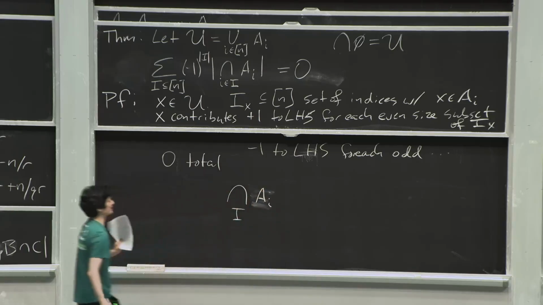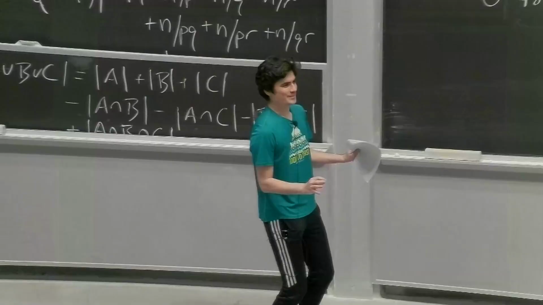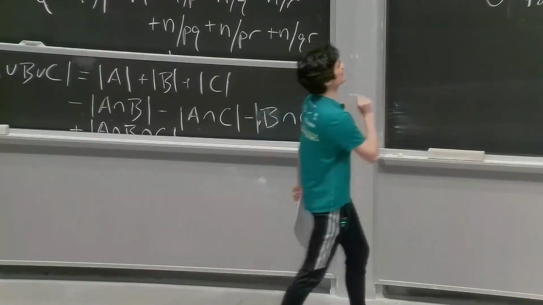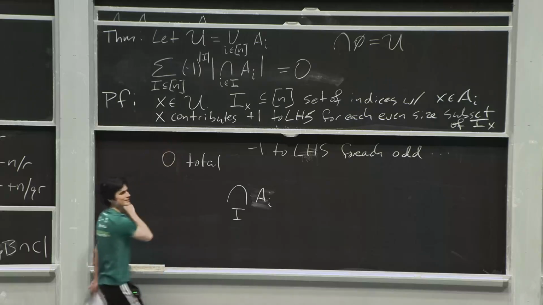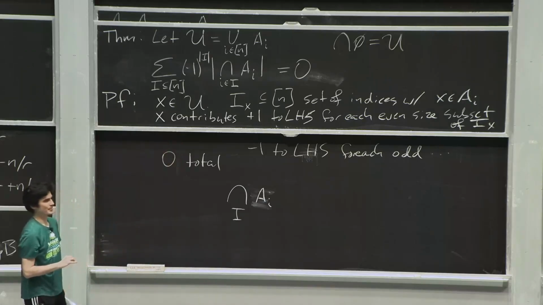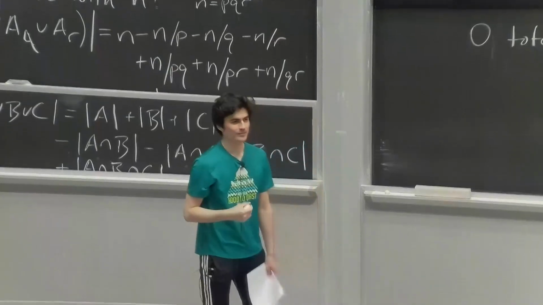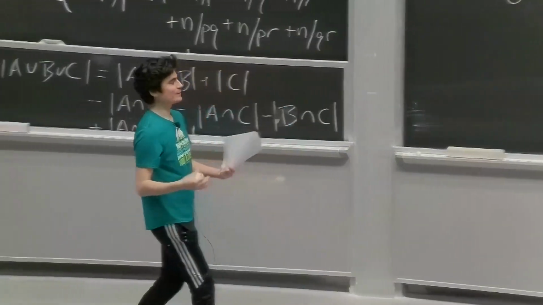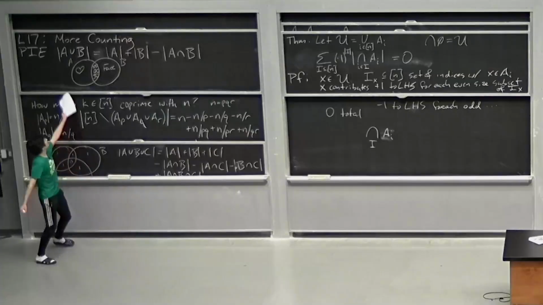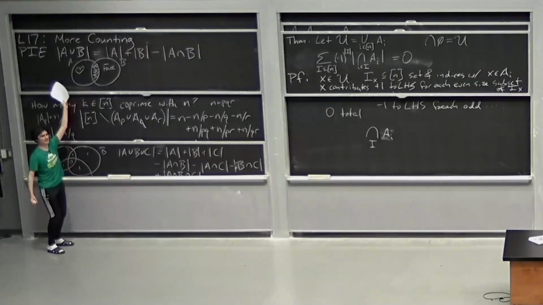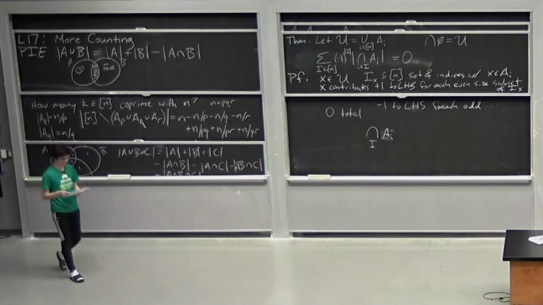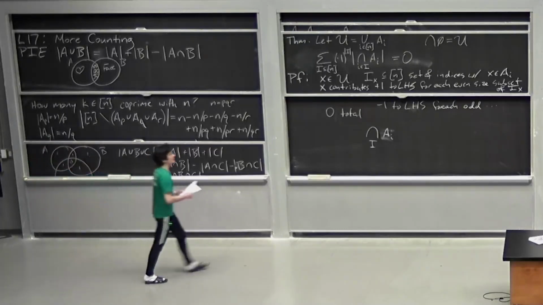This one. Okay, so we don't care. We are looking at the sets that contain X, so they should never be empty. Like we're kind of looking at what we had here. Like how many times have we counted X?